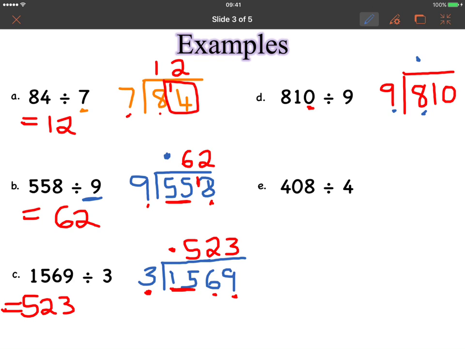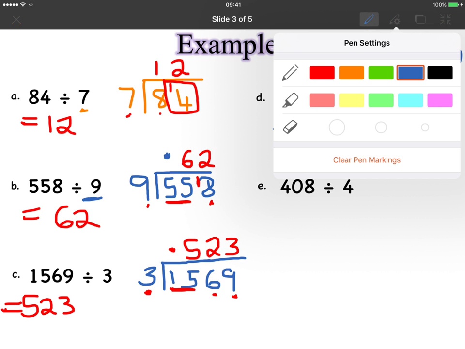Well, 9 can't go into 8, so I put a placeholder. But 9 can go into 81. And 9 goes into 81 9 times. And 9 goes into 0, well, 0 times. So I put my 0. So 810 divided by 9 is 90.